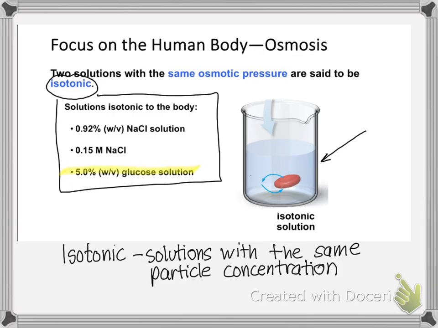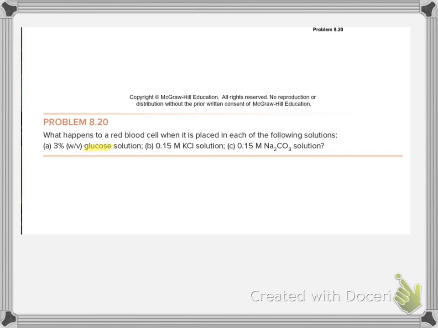It's easiest when we can compare and they have the same chemicals, because then we don't have to worry about calculating the particles. So the red blood cell is the same as a 5% glucose. I'm going to write that below: the red blood cell, RBC, is 5%.